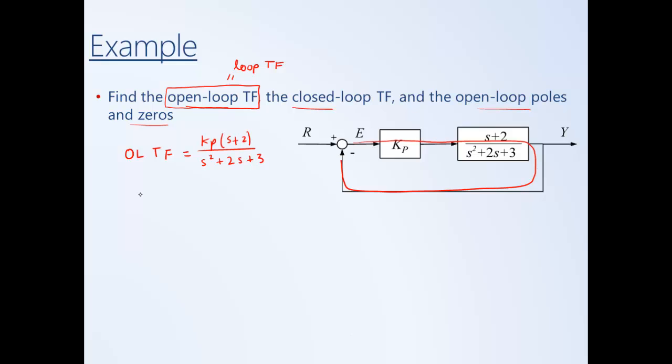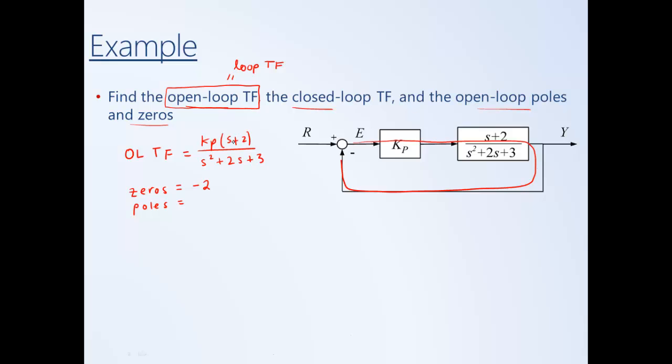And looking at this, we also want to know what the open loop zeros are and what the open loop poles are. So take a second and think about what the zeros are for this open loop transfer function. Just by inspection, we can see that we have a 0 at -2.